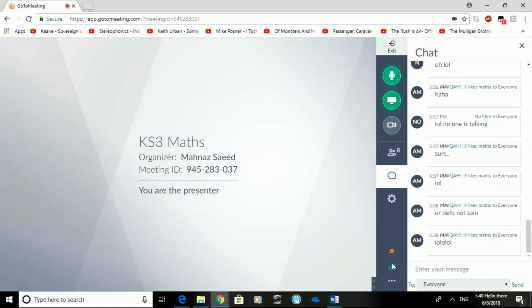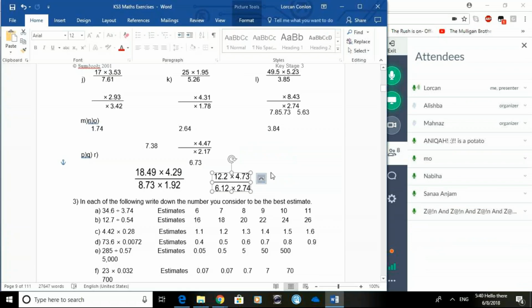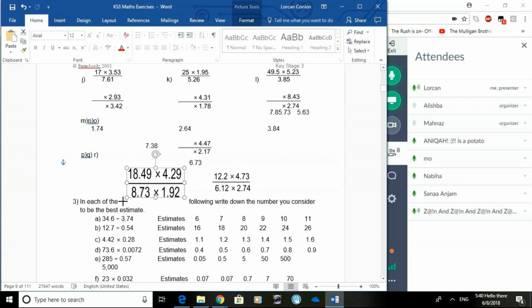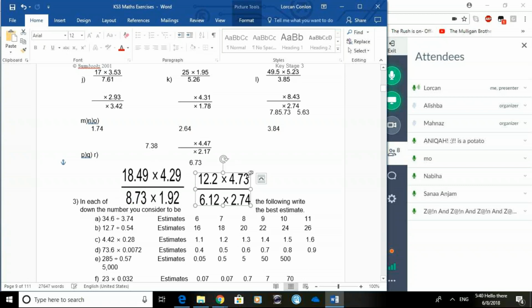Sorry, guys. Just that and that. So this one here and this one here, the two ones that I've made slightly bigger than the rest. The ones underneath all of them.